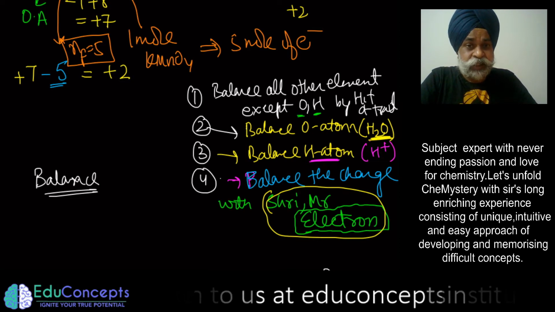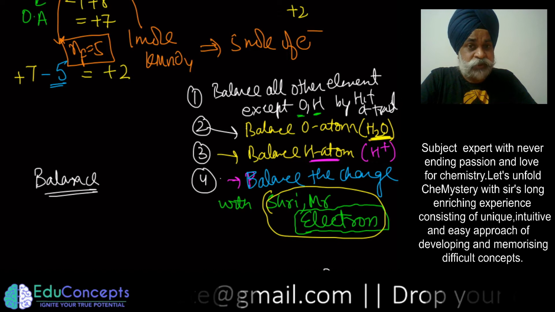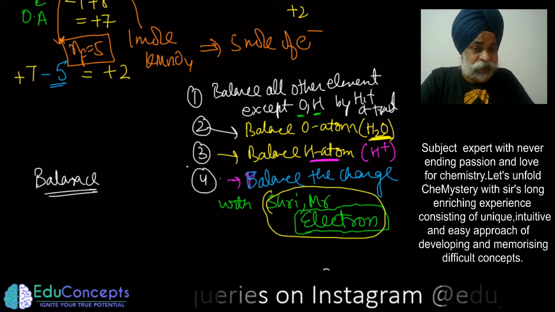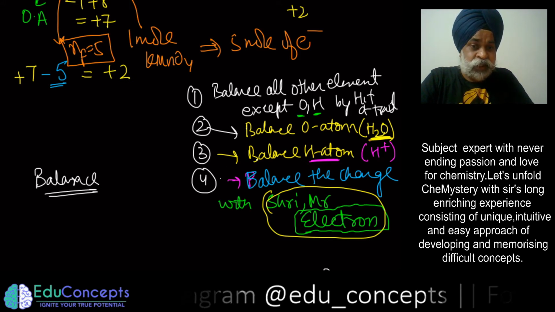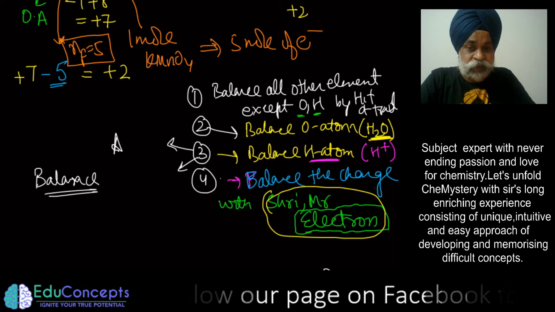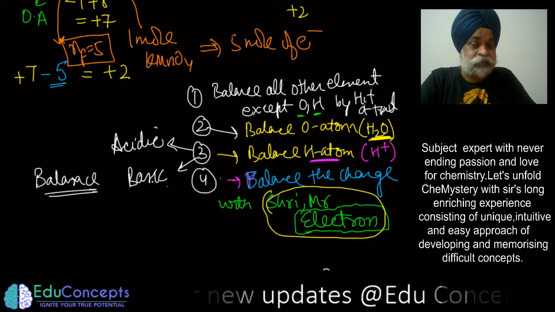Now once I write this way, many of you have the viewpoint in your mind that in some coaching or somewhere you might have read how to do the balancing, because here there come two terms, whether the reaction is undergoing in acidic medium or in basic medium. Is it okay?